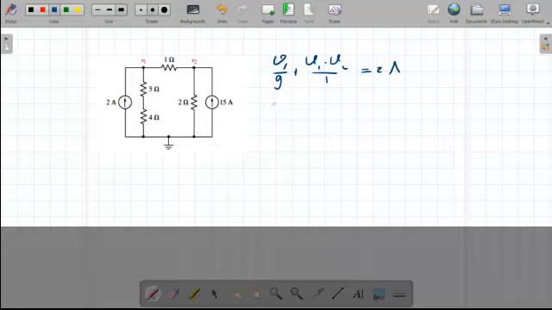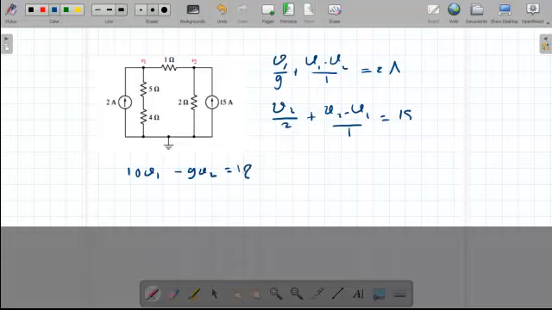Then for node 2, we have V2 over 2 plus V2 minus V1 over 1, and the entering current is equal 15. So after we organize these two equations, they become 10 V1 minus 9 V2 equal 18.